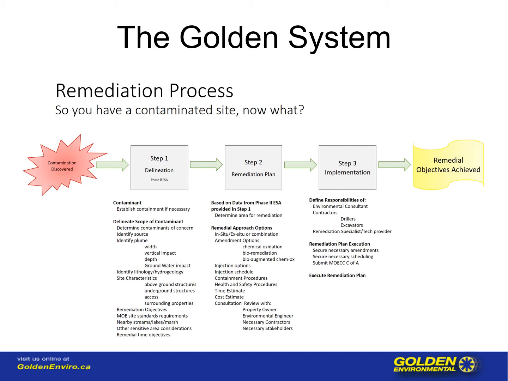Then all this information is reviewed with the property owner, an environmental engineer, necessary contractors, and necessary stakeholders. When it comes to the implementation of the remediation plan, everybody's responsibilities are clearly defined. For example, an environmental engineering consultant performs the delineation. They provide all of the information that the remediation contractor will use to develop a remediation plan.